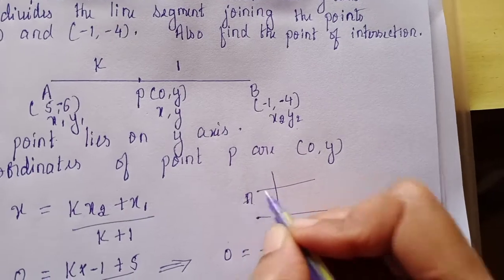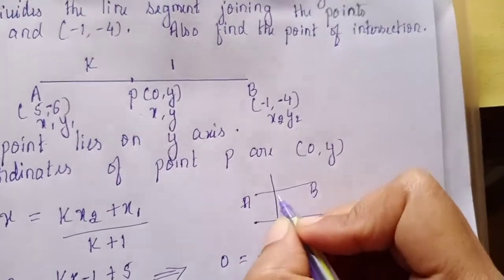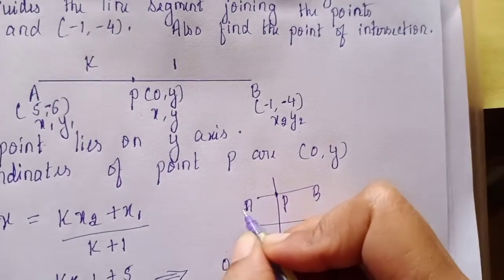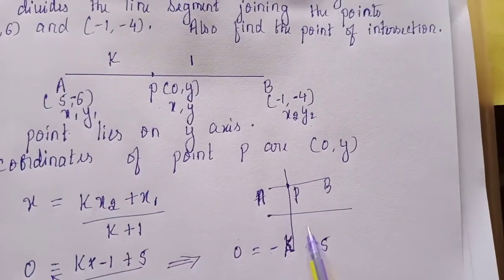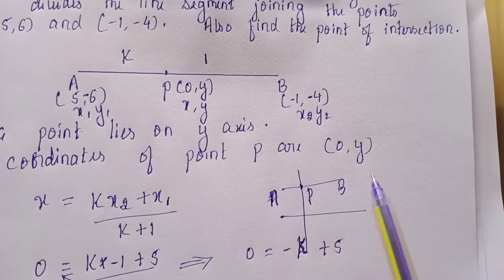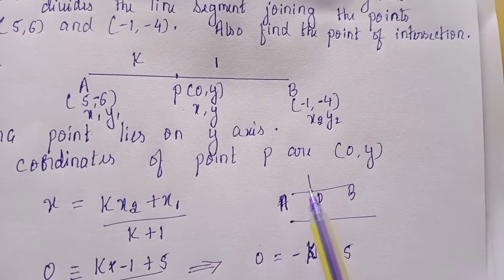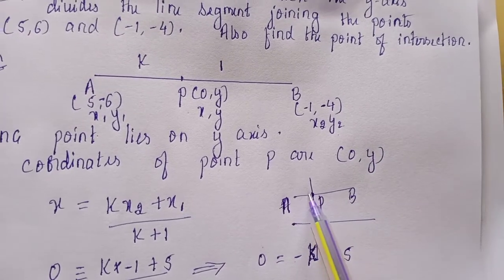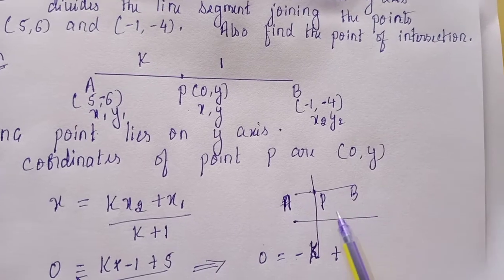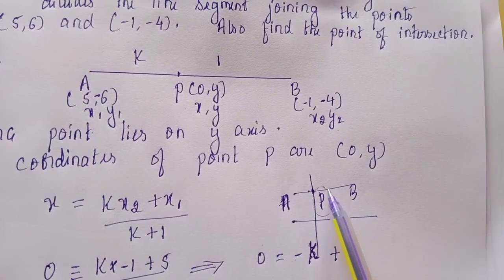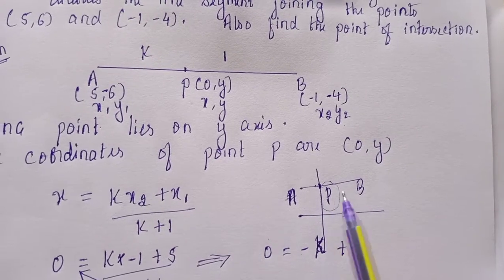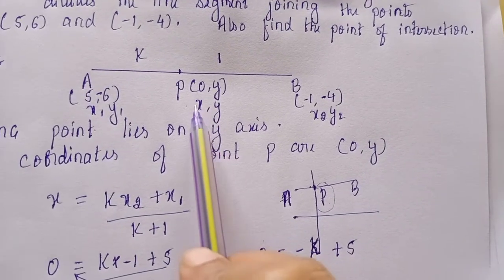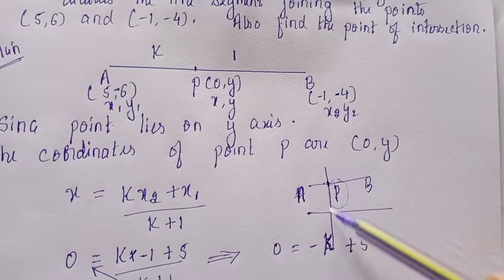Somewhere here A and here B and this point is like this. So practically in the Cartesian plane this line looks like this. It is a line AB which passes through the y-axis, so that point P should lie on this line segment AB. So because this point P lies on the y-axis, the coordinates of P become 0, y.